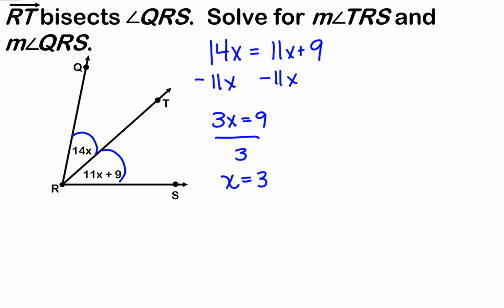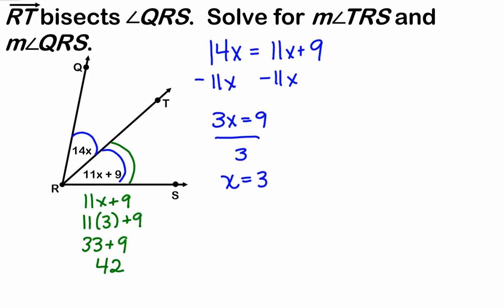But that's not what they're asking for. They're asking for TRS and QRS. Well, TRS is this angle right here with the 11x plus 9. So that would actually be 11 times 3 plus 9, or 33 plus 9, which is 42.